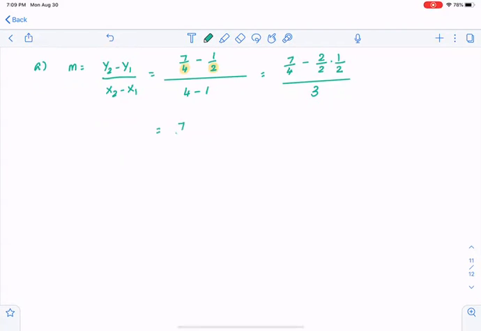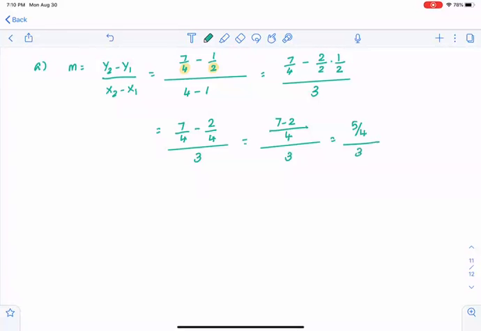So we will get 7 over 4 minus 2 over 4, entire thing divided by 3. So the common denominator is 4, and 7 minus 2, divide the entire numerator by 3. 7 minus 2 is 5, so 5 over 4 divided by 3.